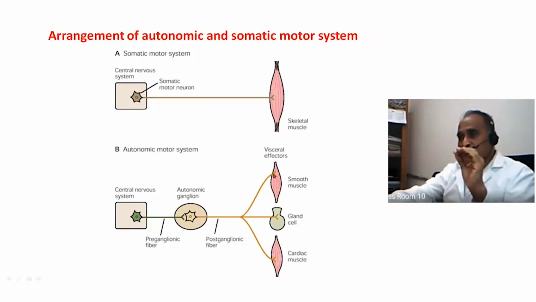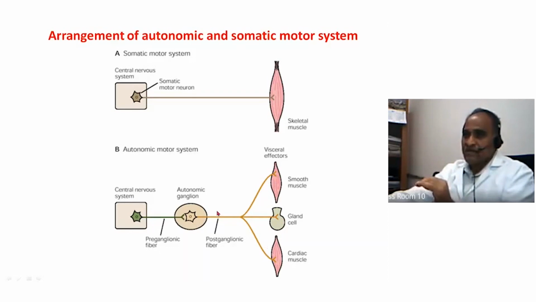Target sites may be smooth muscle, gland, or cardiac muscle. So here it is one neuron, and here you have another neuron which tries to modulate or regulate this aspect, because inputs also come back in some form. I will show you in subsequent slides.